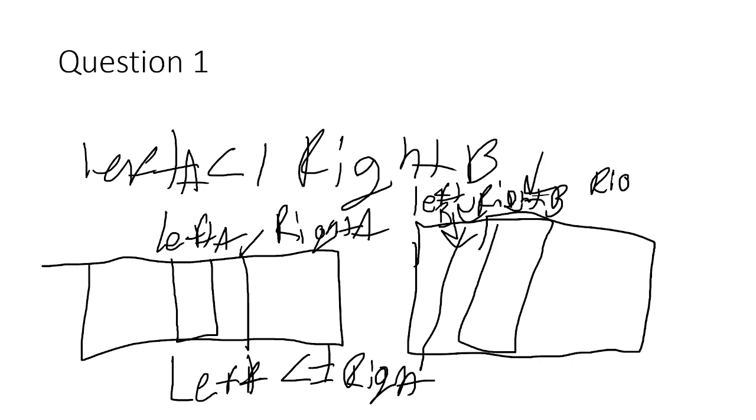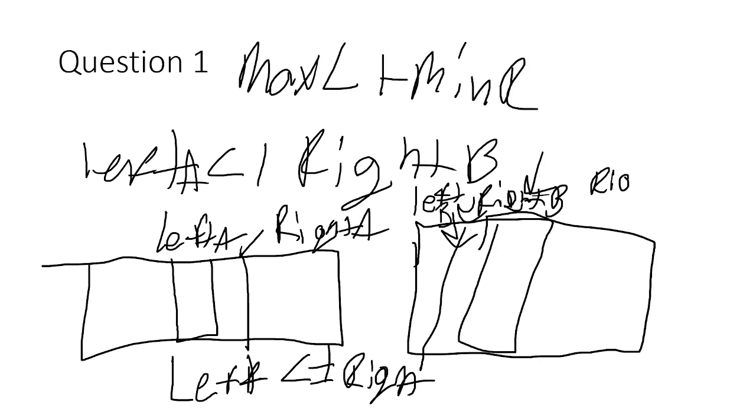Depending on what left A and left B are, you have to check which is the maximum. So let's call it max L, and then we add it to min of right. And then you divide these two numbers by 2.